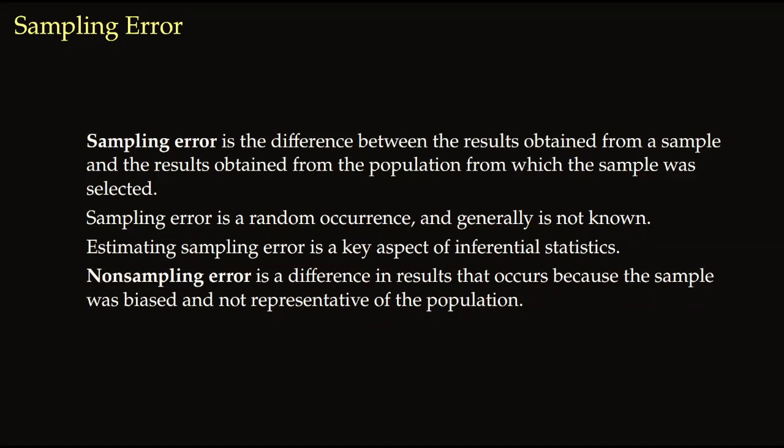The idea of error for a lot of students calls to mind the researcher did something to make a mistake. That is not the case, right? Sampling error does not mean that somebody made a mistake in how they collected the data.